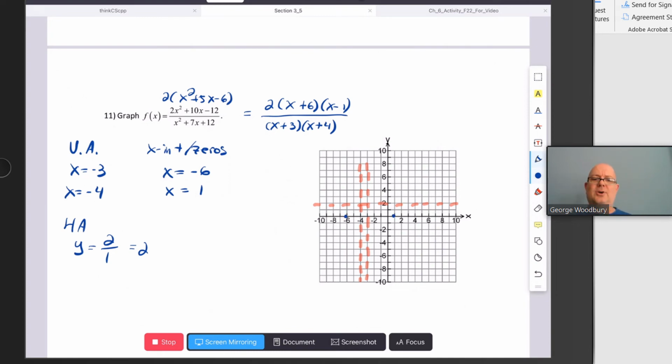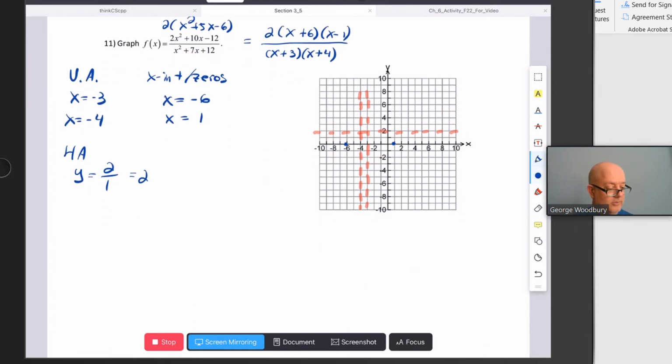That's a little better. And I already know, well, I have a pretty good idea, but let me just check to see where it crosses. I have to set the function equal to the value from the horizontal asymptote. So back to the original function, 2x squared plus 10x minus 12 over x squared plus 7x plus 12 equals 2.